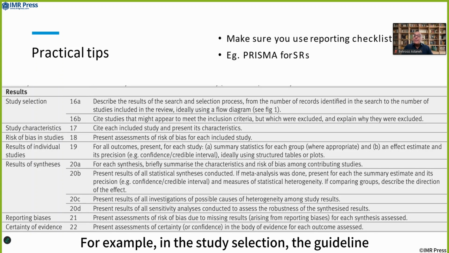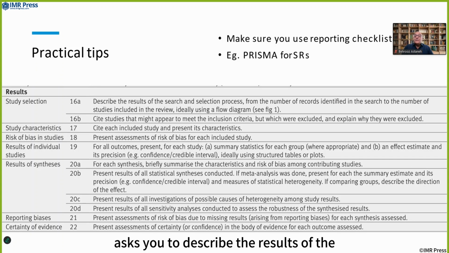For example, in the study selection, the guideline asks you to describe the results of the search and the selection process. So if you have done a systematic review, in the results section, you need to write how you searched and selected different articles for your systematic review.